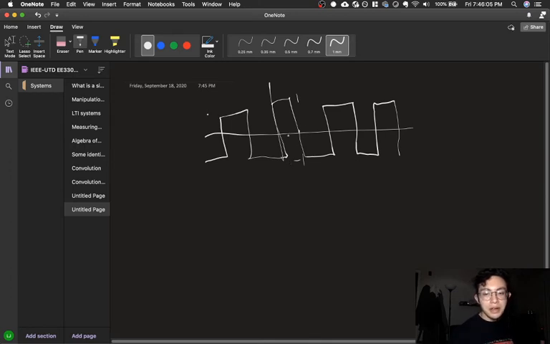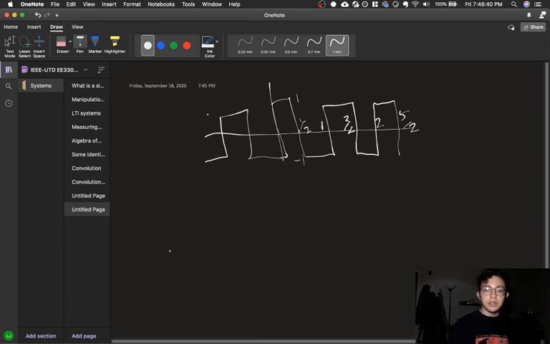Let's say that this has a period of 1 and a duty cycle of 1/2. It goes up on 1, goes up on 2, goes down on half, goes down on half.